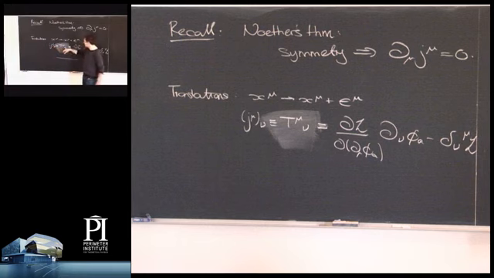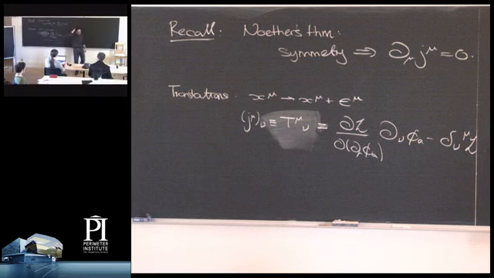So there's certainly no reason that once you raise this index, the object's going to be symmetric in mu and nu. So for example, if I remember correctly, if you work out the stress-energy tensor for Maxwell theory, you find that it's not symmetric in mu and nu if you just plug it into this equation.